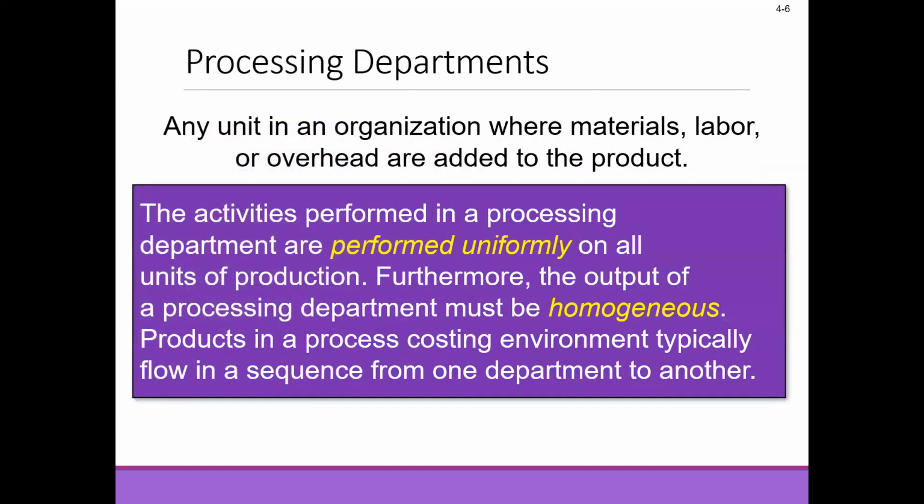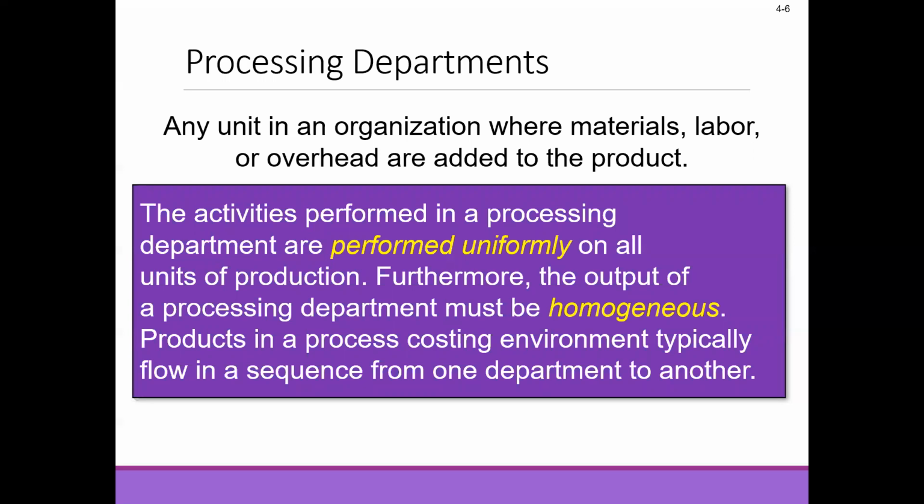Now, any unit in an organization where materials, labor, or overhead are added to the product would be the processing departments. These activities performed in a processing department are performed uniformly on all of the units of production.